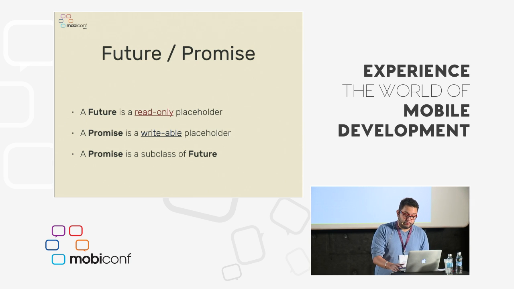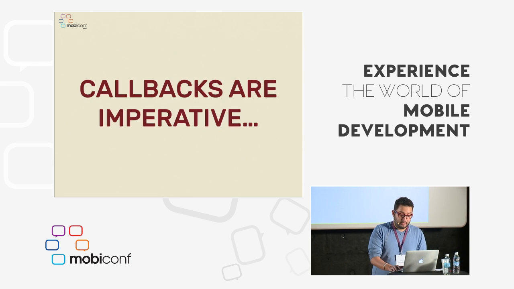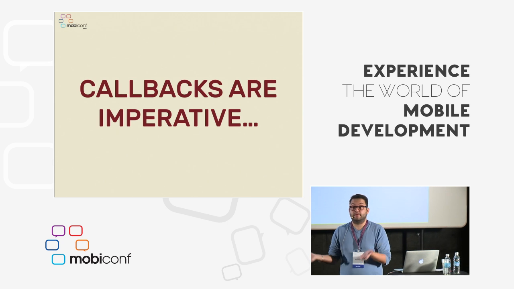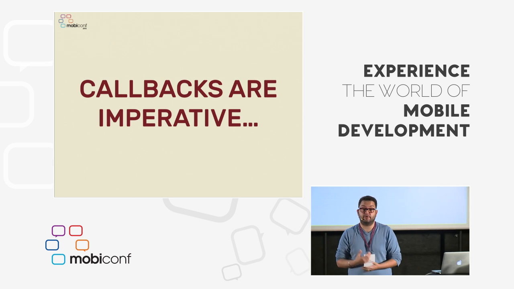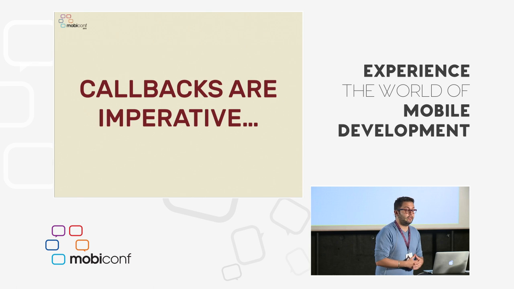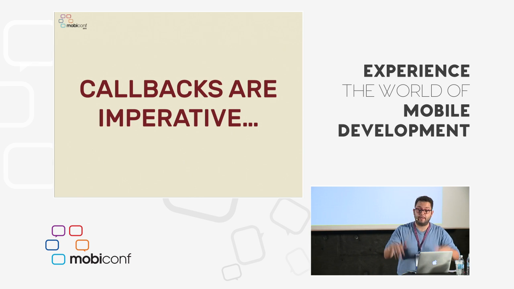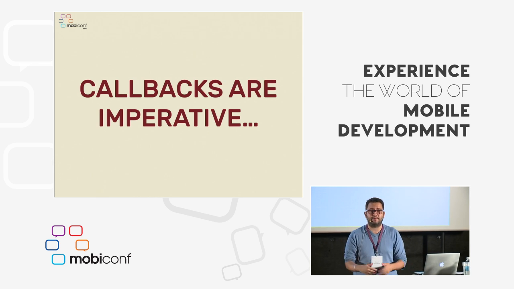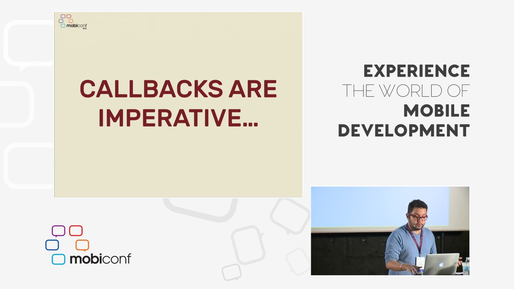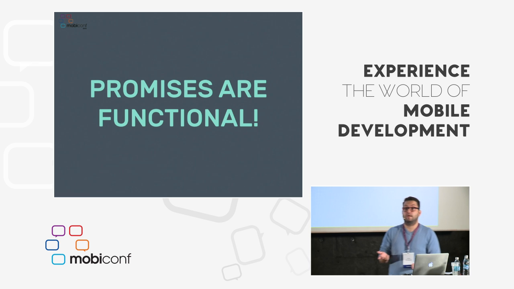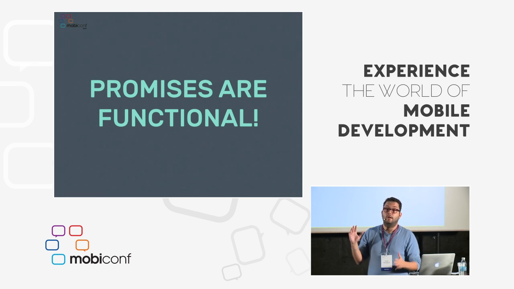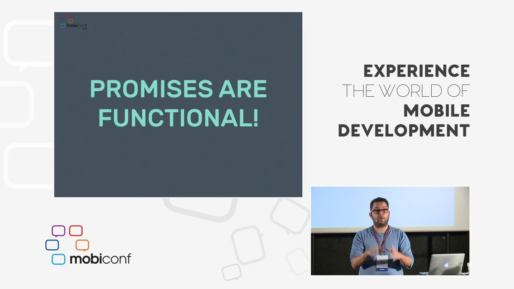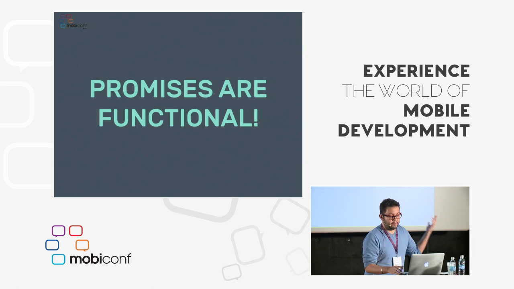And it's important to understand that in Swift, callbacks are imperative, and this comes from JavaScript. If you have a background in JavaScript, you hear it all the time: callbacks are imperative, we don't have to nest them all the time. That's bad. So let's move to promises that are functional, because as you saw before, we can create small chunks, small blocks, combine them, and the world is a better place.